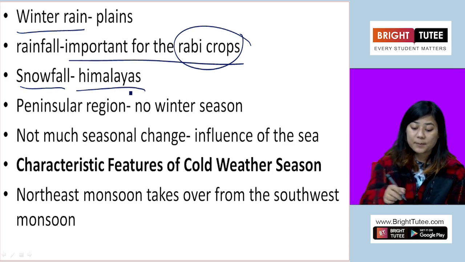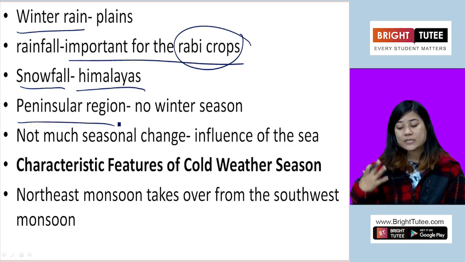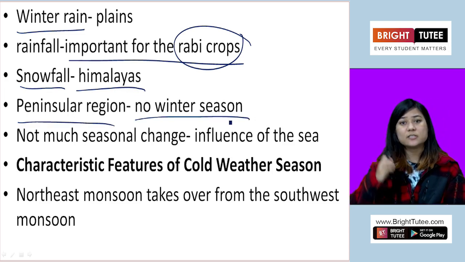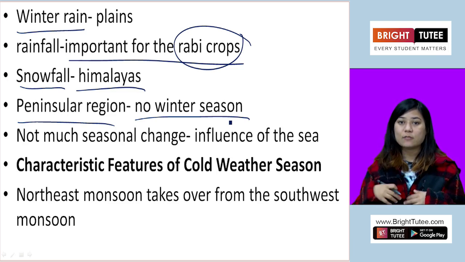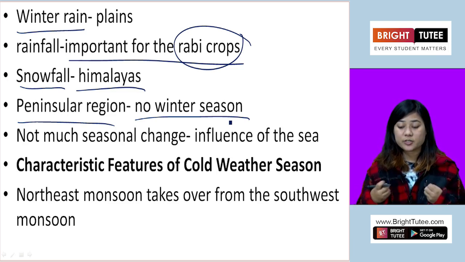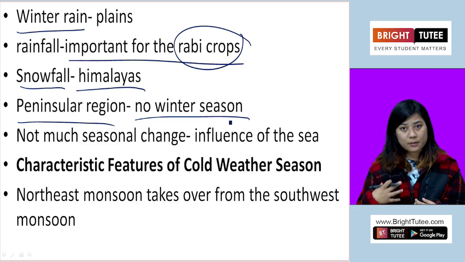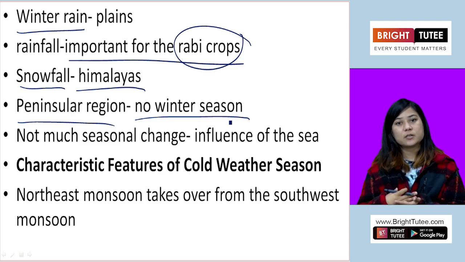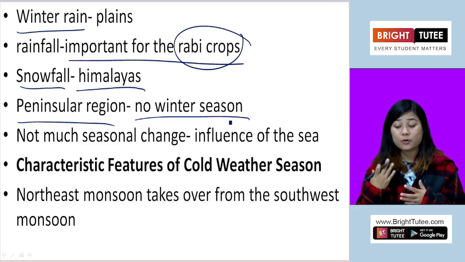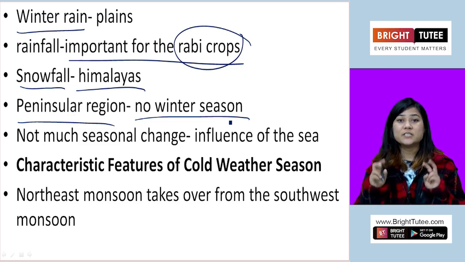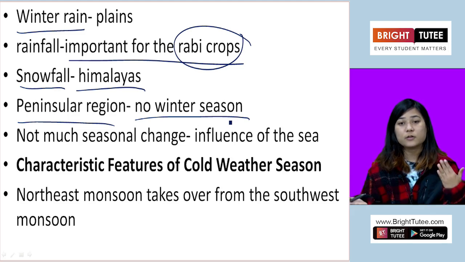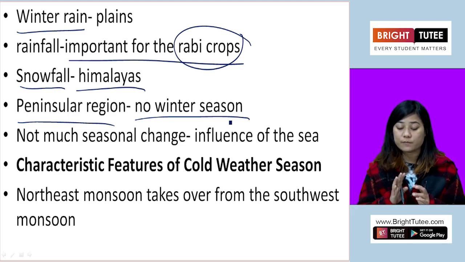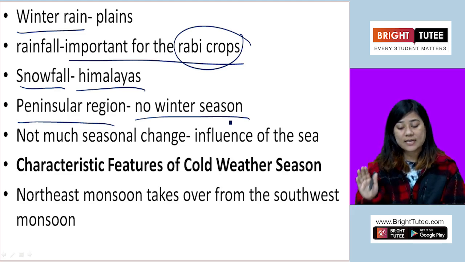But the peninsular region does not have a distinct winter season. A winter season is something where the temperature falls drastically and the temperature is very low. But the peninsular part of India, even during winter, they have winter, but the only difference is they do not have a distinct winter season because of their location, because of the moderating influence of the ocean and the sea.